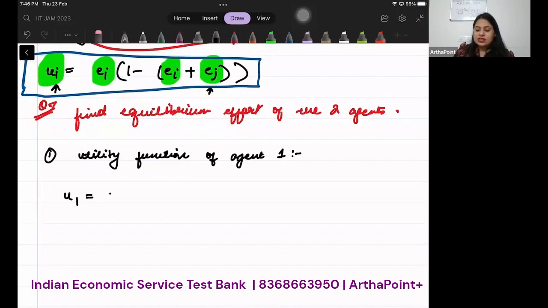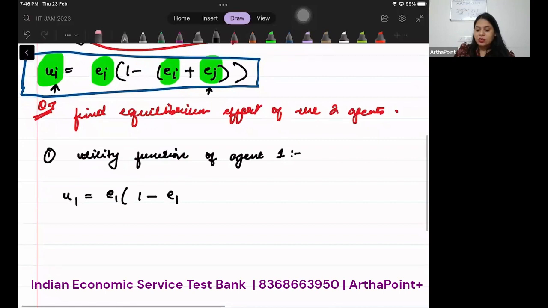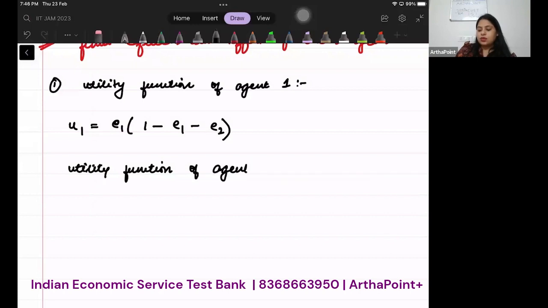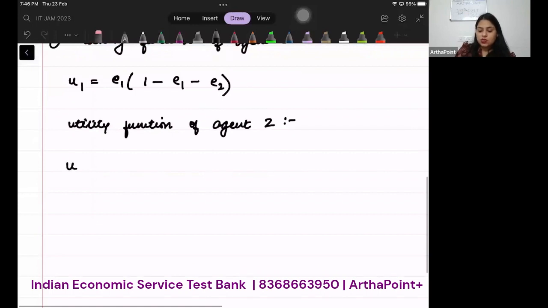U1 is equal to E1(1 - E1 - E2). What is the utility function of agent 2? U2 is equal to E2(1 - E2 - E1).